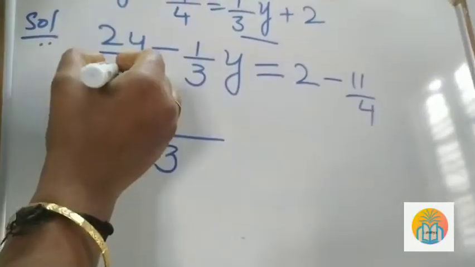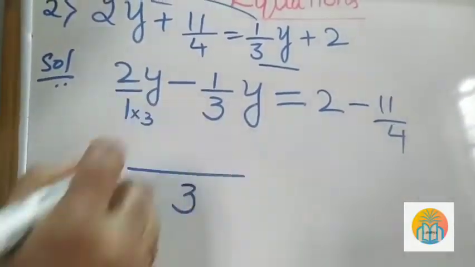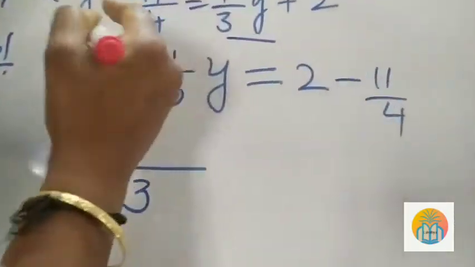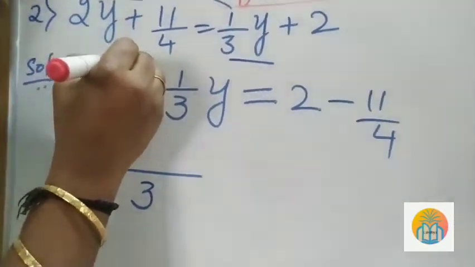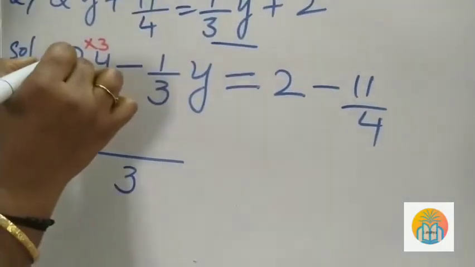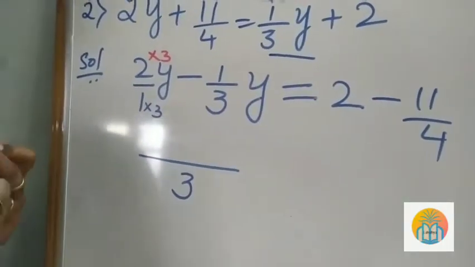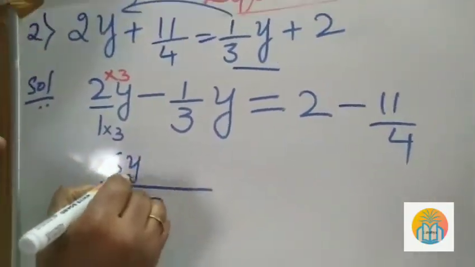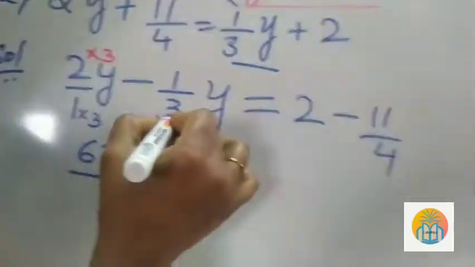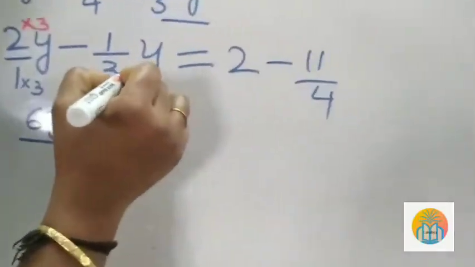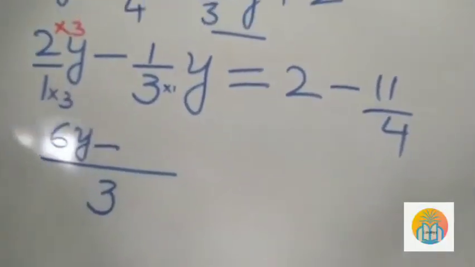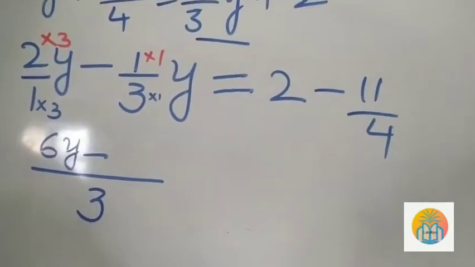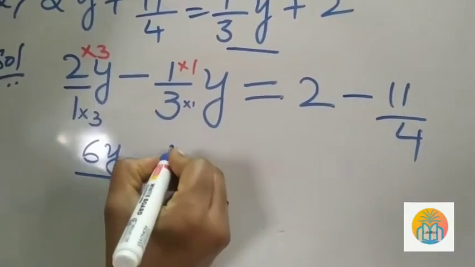So 1 into 3 is 3. Whatever we multiply in the denominator, we have to multiply the same number in the numerator also. No partiality. So 2 3s are 6, and write y as it is. Minus, 3 we have already, so 1 1s are 1, so it is 1y, or just y.